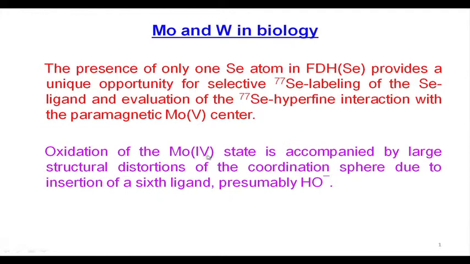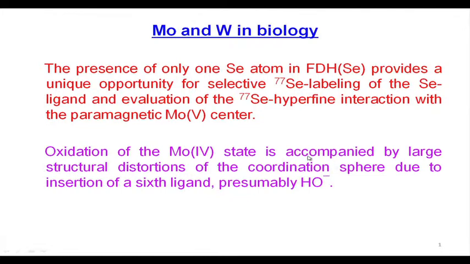So, once we have this molybdenum in +4 oxidation state, which is oxidized to +5 oxidation state, during that transformation we see a large structural distortion of the coordination sphere, which we are calling the coordination environment.